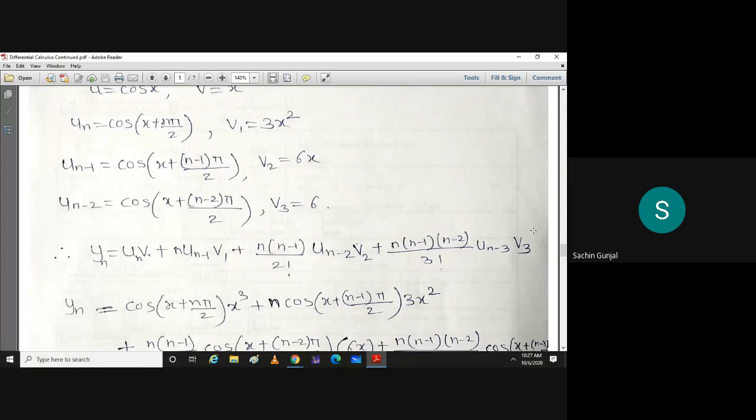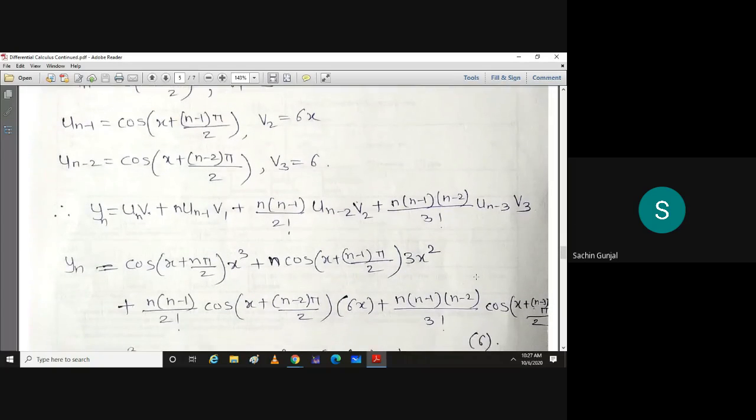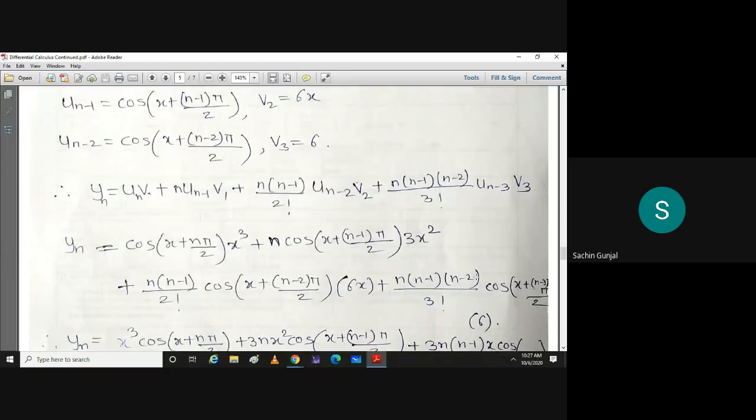So just simply substitute these derivatives, okay, and simplify as much as you can. All right.